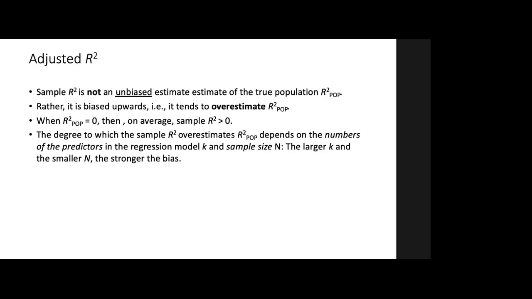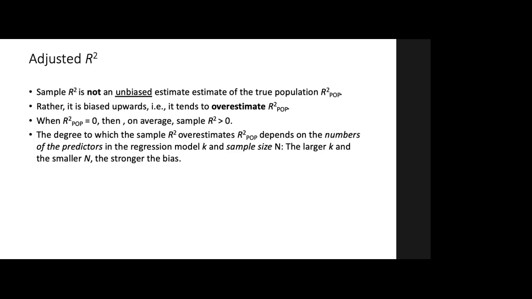The degree to which the sample R squared overestimates the population R squared depends on two things: the number of predictors in our model and the sample size. The bias is larger with a larger number of predictors, and smaller with a larger sample size.